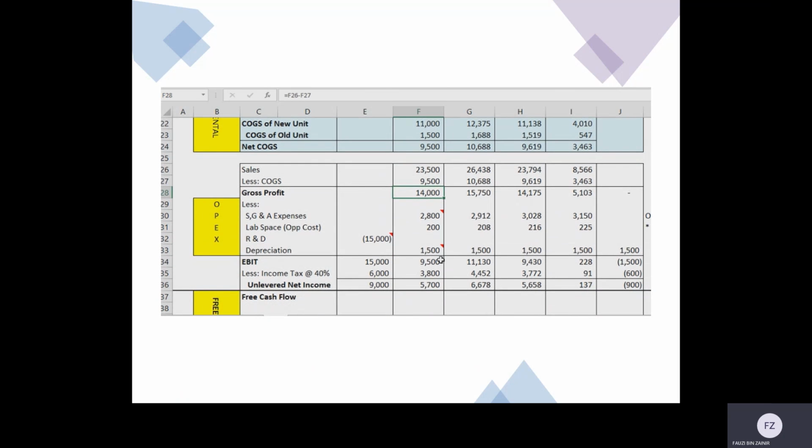If you look at all the numbers here, these numbers are the same, these numbers are the same. The tax is still 40% of the EBIT. So we have a new figure for year 1 to year 4. This is the basic number we calculated previously, and then the unlevered net income increased, then decreased, and then decreased further in the fourth year.